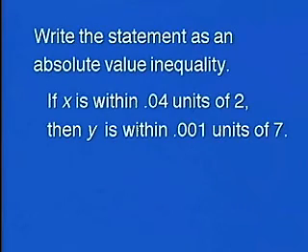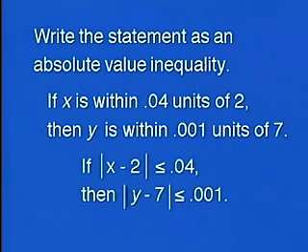Okay, X is within 4/100ths of a unit of 2, then Y is within 1/1000th of a unit of 7. So we would write if the absolute value of X minus 2 is less than or equal to 4/100ths, then the absolute value of Y minus 7 is less than or equal to 1/1000th.